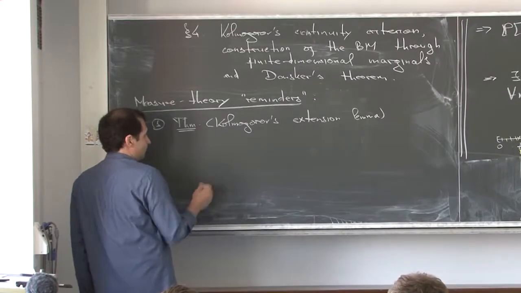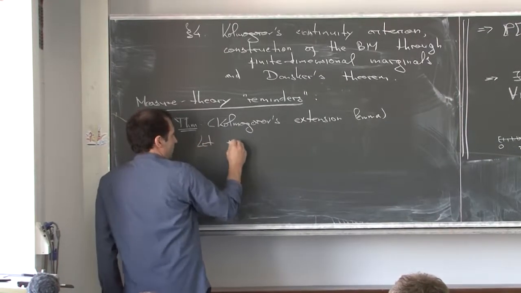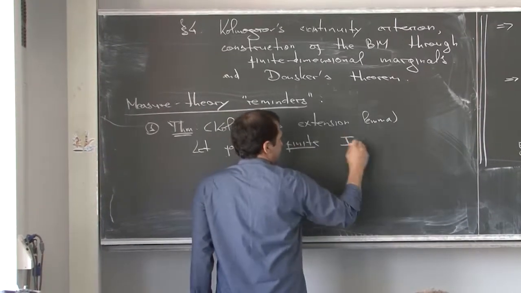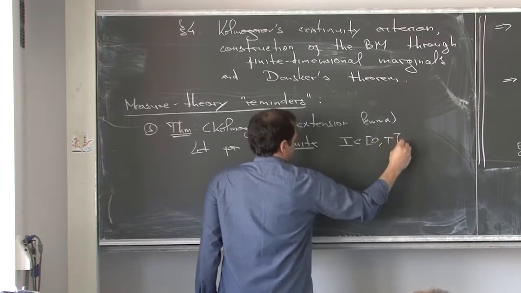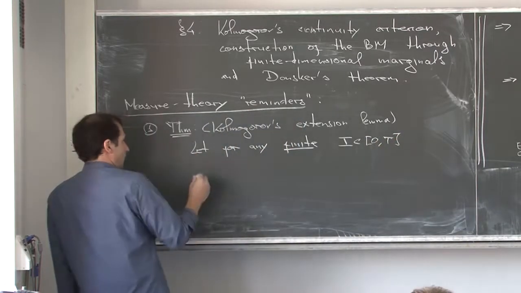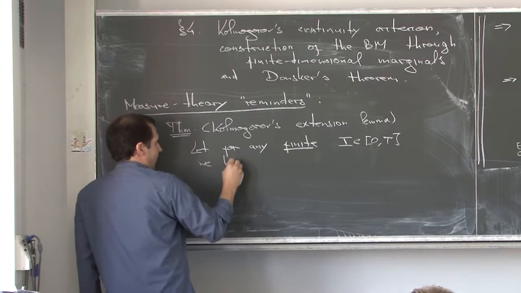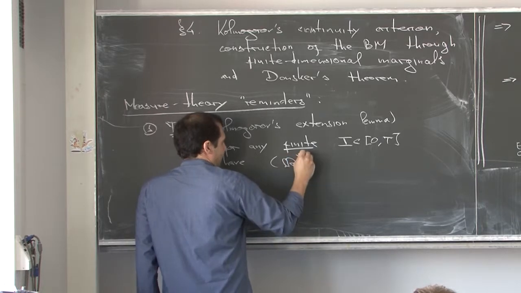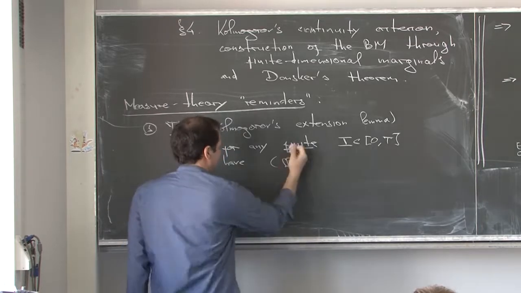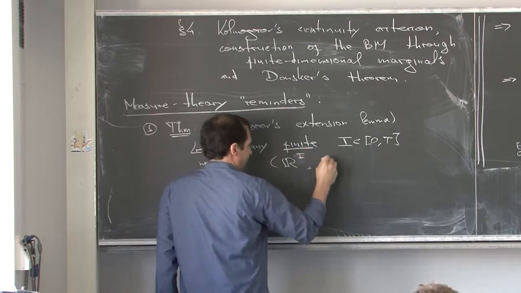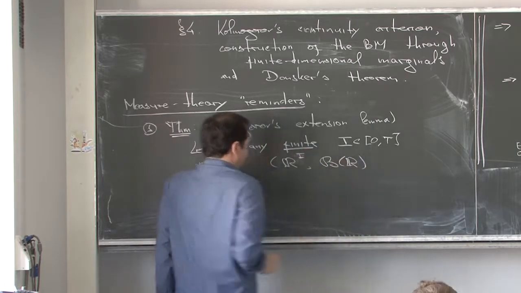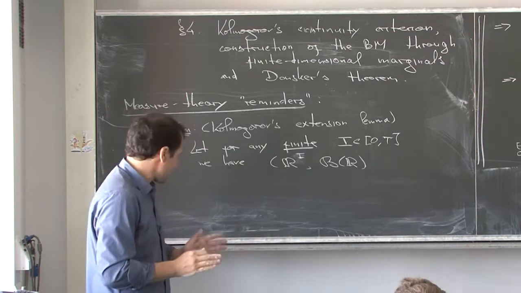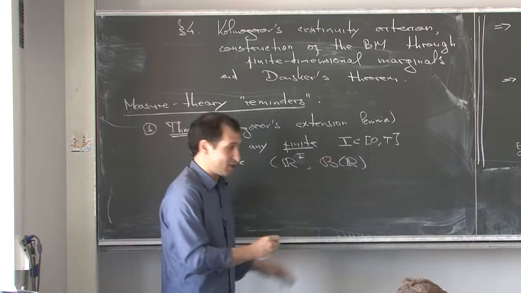Imagine that we have, for any finite set of indices, say on [0,T], a measure defined on the product space. Don't be frightened, it's just some notation.